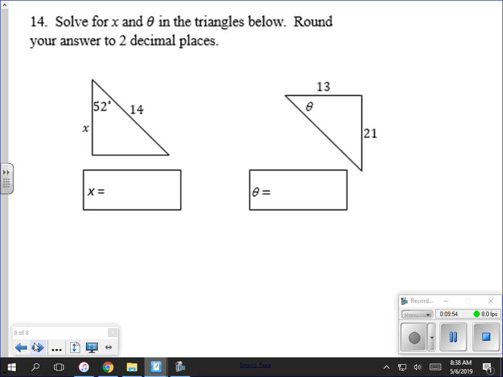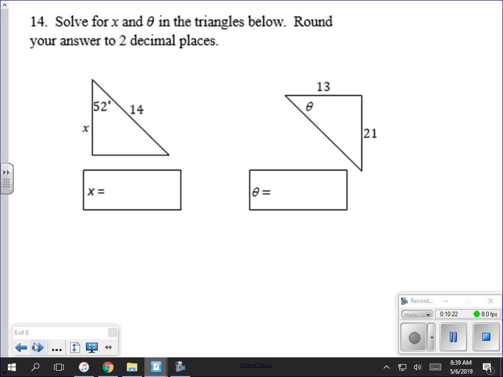Okay. Solve for x in the triangles below. Round your answer to 2 decimal places. So this is where it gets a little difficult. I have 3 things involved. I have an angle and 2 sides. What I need to do, my first step, is to set up my trig ratio that involves that angle and the 2 sides.